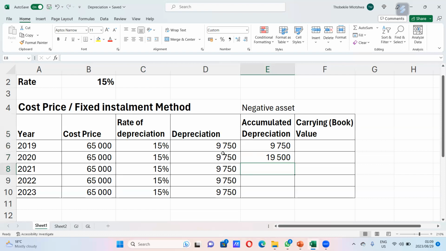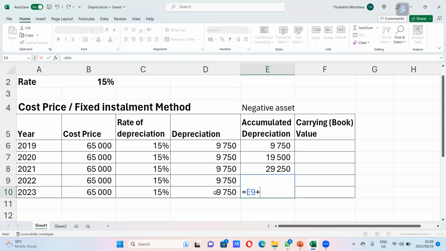That's how you calculate it. And then for year three, it's the same thing, accumulated plus the current. Year four equals accumulated plus the current. Year five equals accumulated plus current.